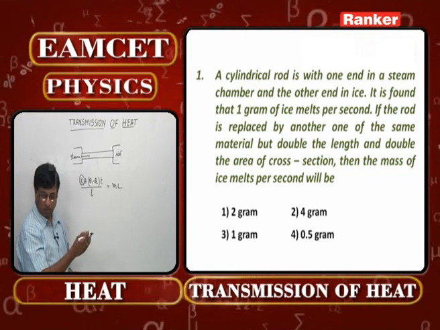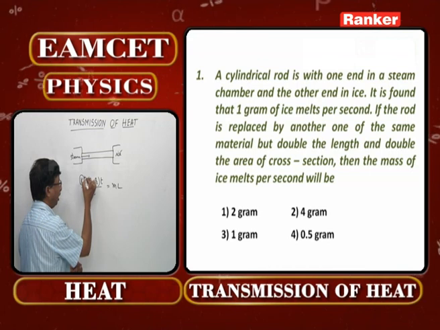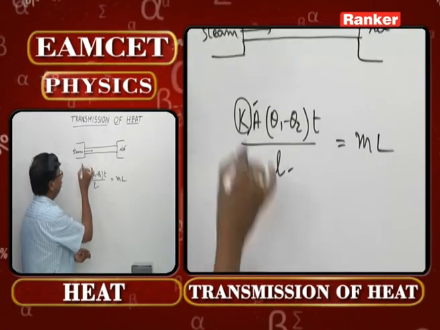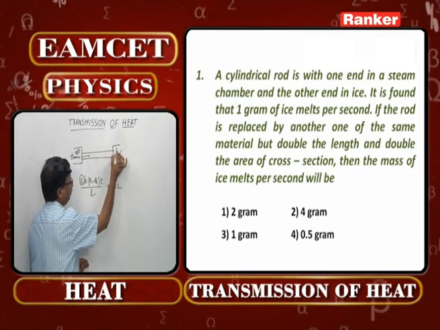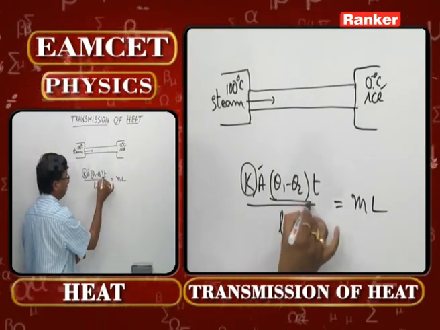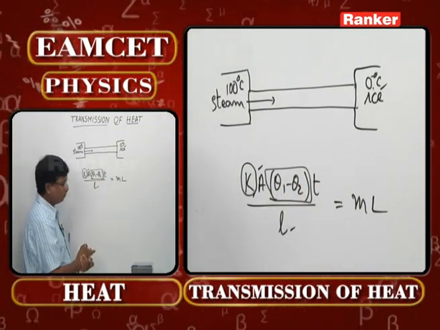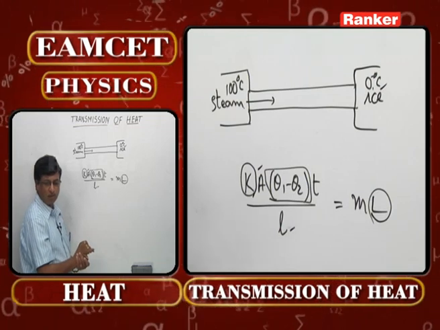But it has double the length and double the area of cross section. Length is doubling and area of cross section is doubling. We know steam is at 100 degrees centigrade and ice is at 0 degrees centigrade. Therefore, the temperature difference remains constant in both cases. And L is the latent heat, which is 80, a constant over there.